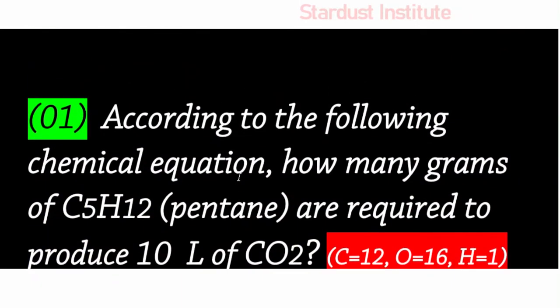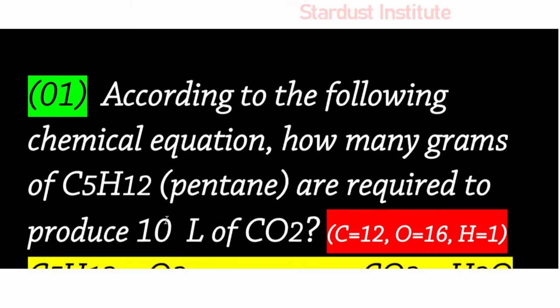But we have been asked how many grams of pentane are required to produce 10 liters of carbon dioxide. Now we have found moles of pentane. Now we have to convert to mass in grams.